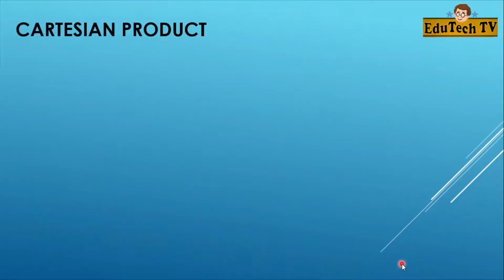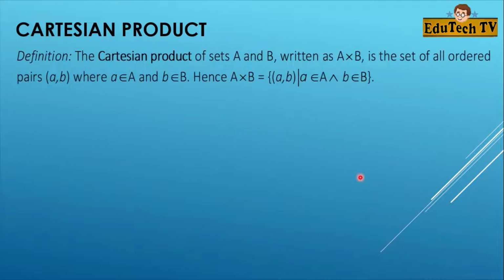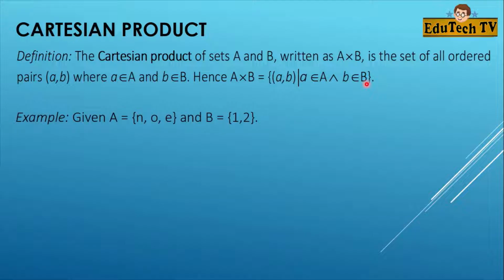Now let's have the Cartesian product. By definition, the Cartesian product of sets A and B, written as A times B, is the set of all ordered pairs (a, b), where a is an element of set A and b is an element of set B. Hence, A times B is equal to (a, b) such that a is an element of A and b is an element of set B. Now let's have our example.